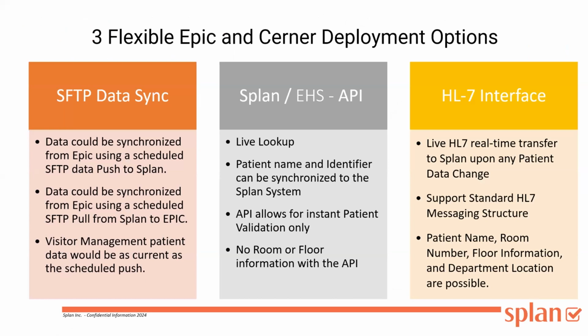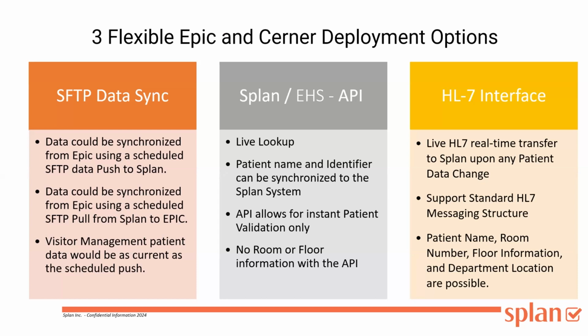And there's really three flexible deployment options, right? We can deploy straight into Epic and Cerner integrations, and we can do a couple of things with that. We can do SFTP data sync, or we can do our open API, which we are an open REST API stack with EHS, or we can go straight into HL-7.